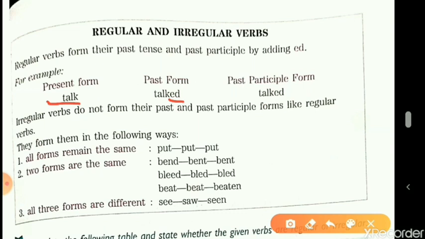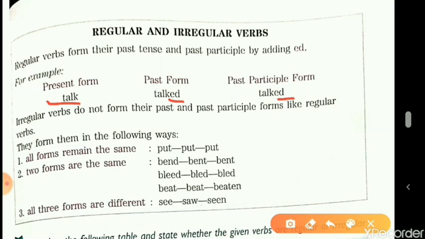And if we want to change the present form talk to the past participle, in this also we'll be adding ed, so it will be talked. So regular verbs form their past tense and past participle by adding ed to the word.